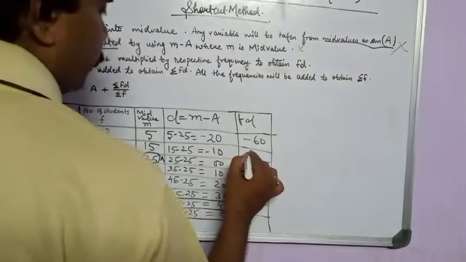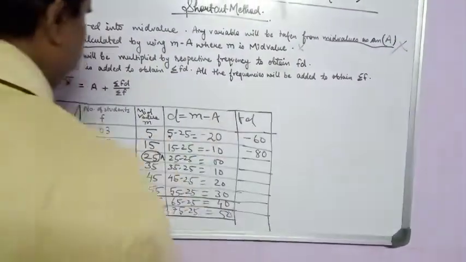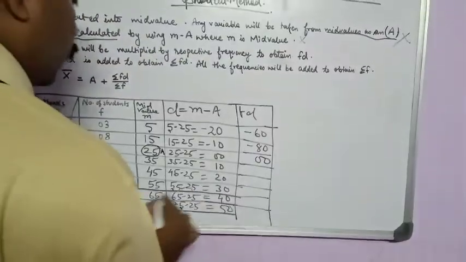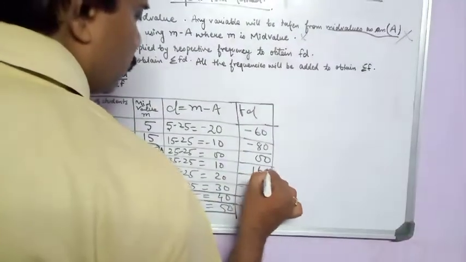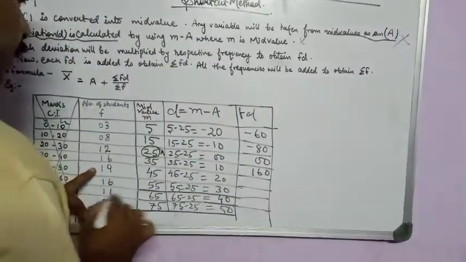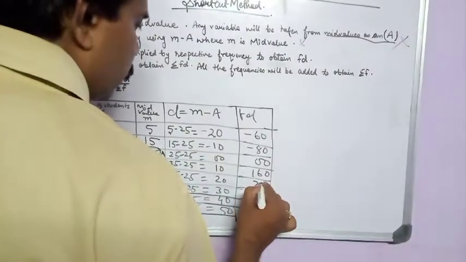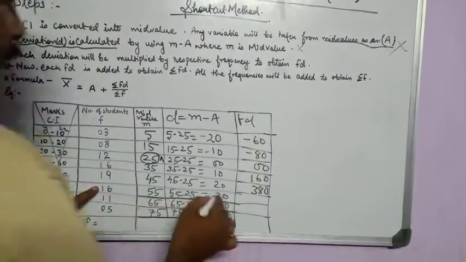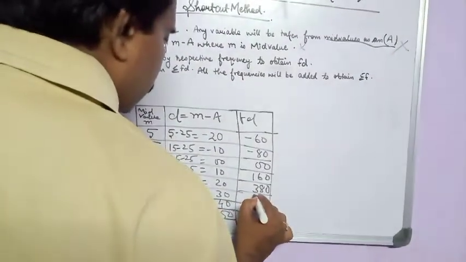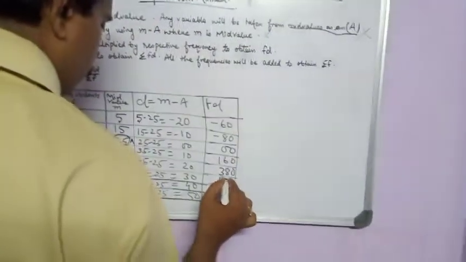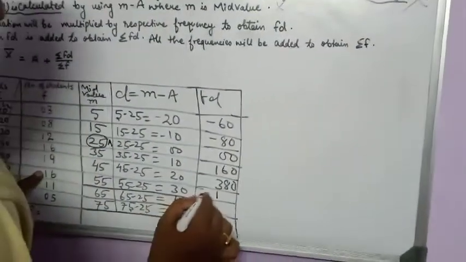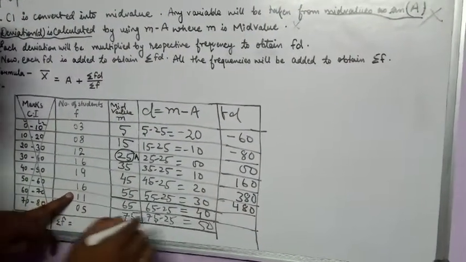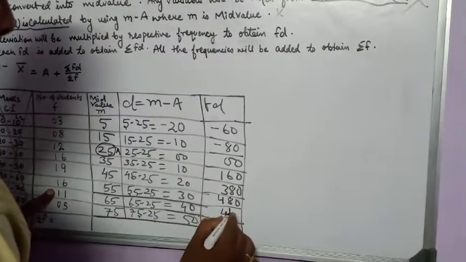Now 8 into minus 10 is minus 80. 12 into 0 is 0. 16 into 10 is 160. 19 into 20 is 380. 16 into 30 is 480. 11 into 40 is 440.